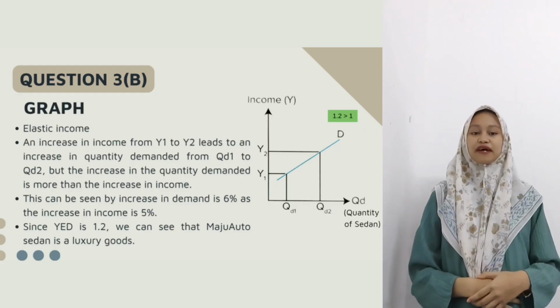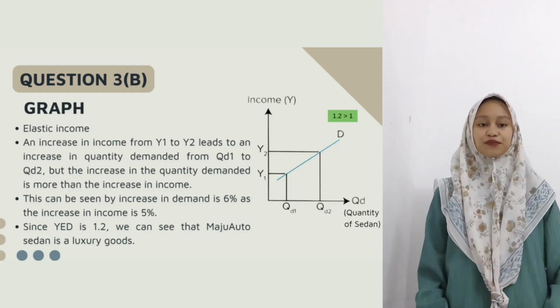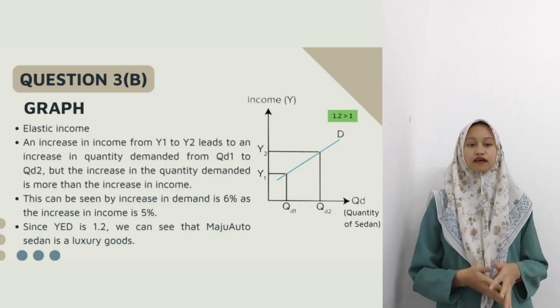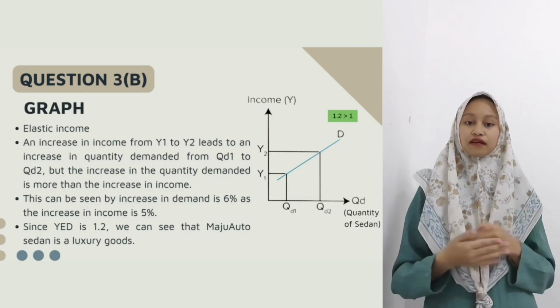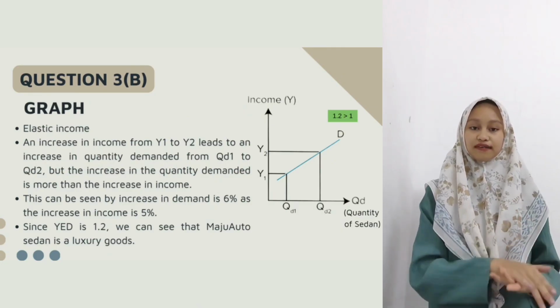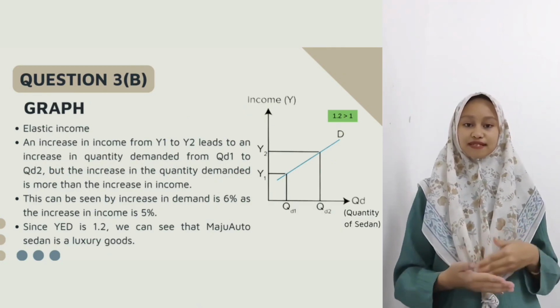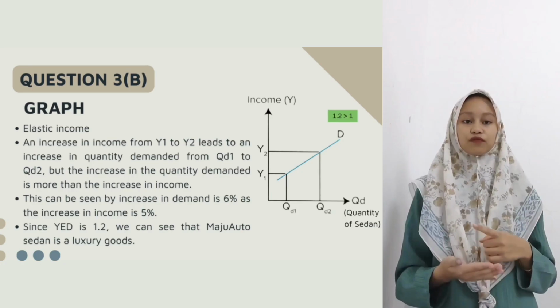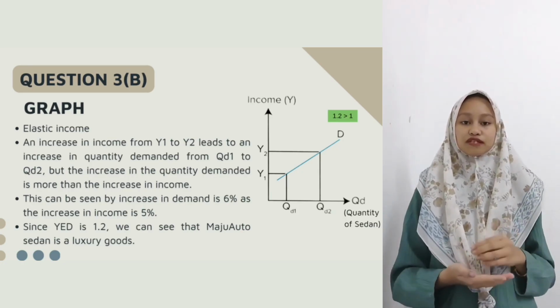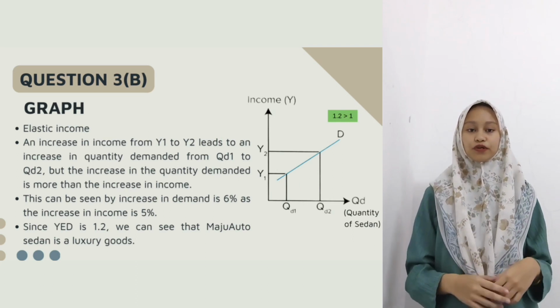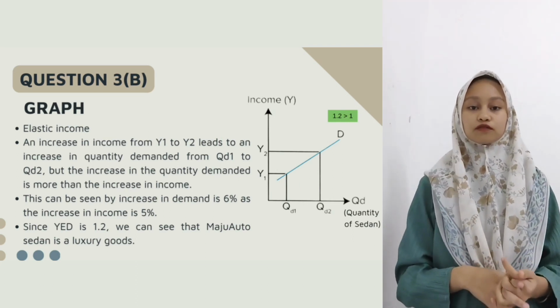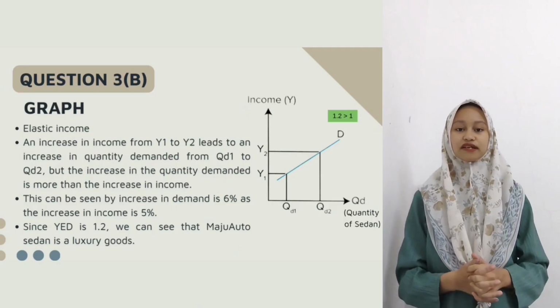This can be seen as the increase in demand is 6% when the increase in income is 5%. The percentage difference in income multiplied by YED, which is 5% times 1.2, is equal to 6%. Since YED is 1.2, we can see that the Majus Auto sedan is a luxury good.